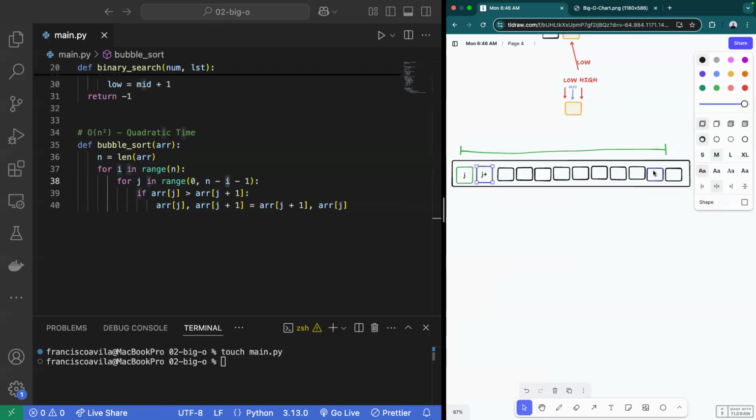This is what I'm looking through all the way up to here. I am not touching that very last index. That last index never gets touched or iterated through. We ask these questions. If it is, it switches it.